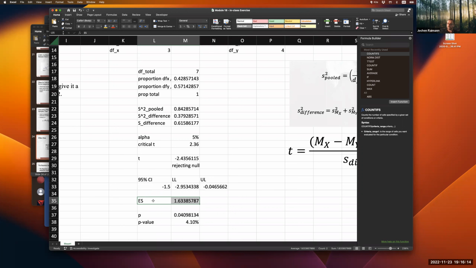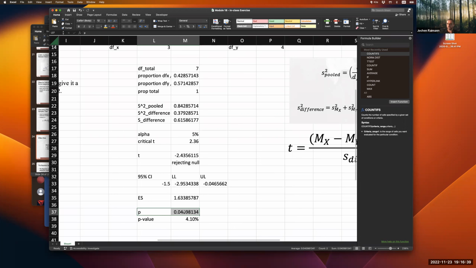And then lastly, we are looking at an effect size to take out the effect of the sample size and get an estimate that reflects in more detail, putting more weight back on the difference. That is here a large effect size. And lastly, we have confirmed our insight that the null is to be rejected by calculating the exact p-value.